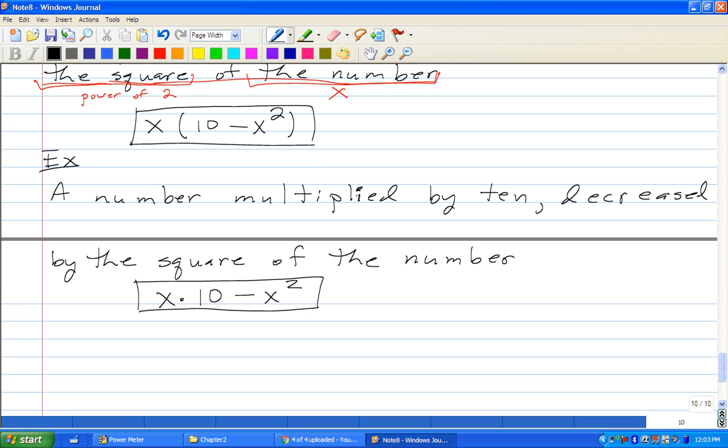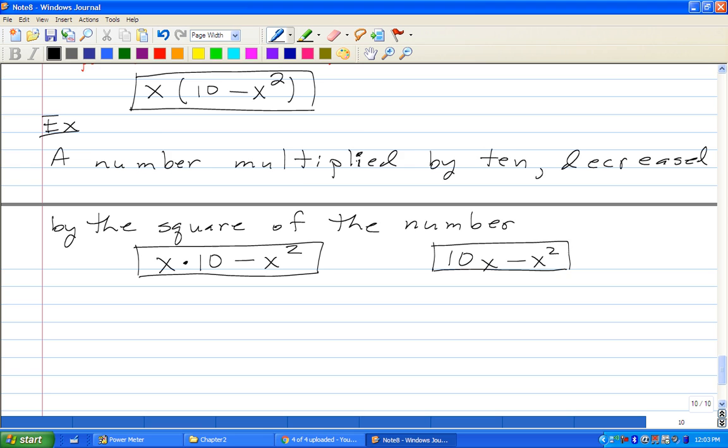And that is the translation. Now, we usually write numbers in front of variables, so I would usually write this as follows: 10x minus x squared.